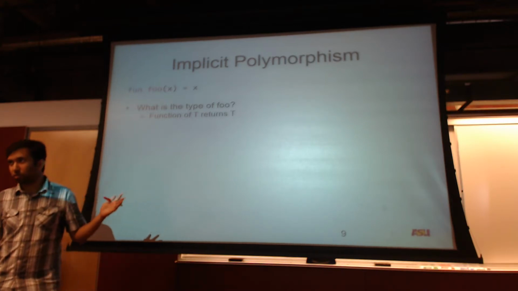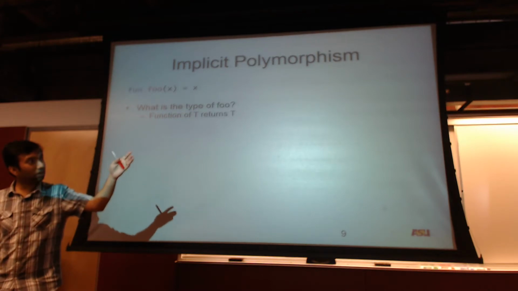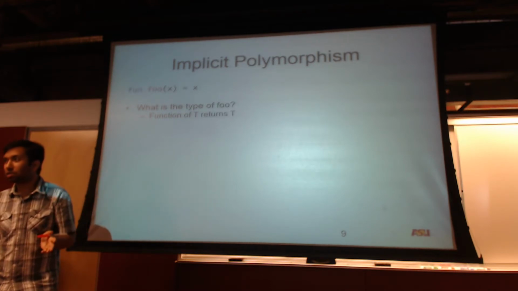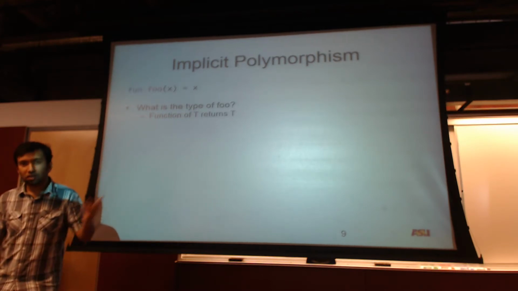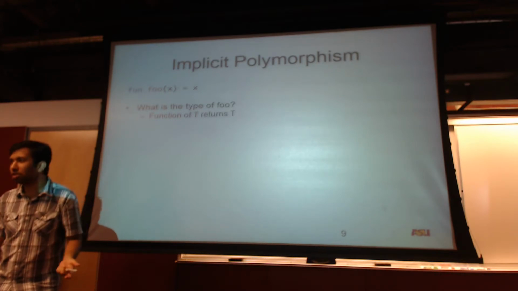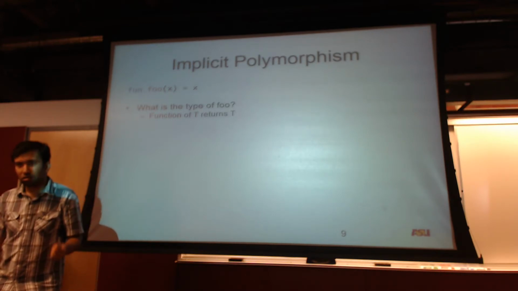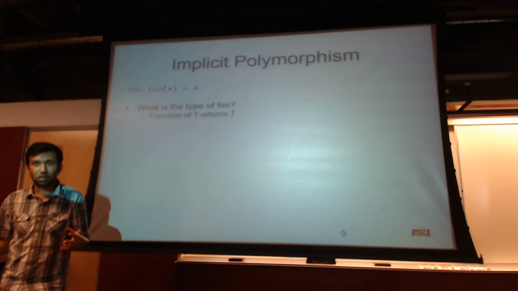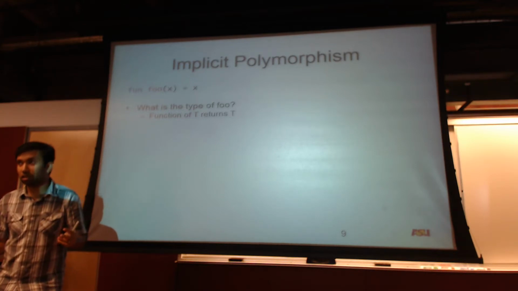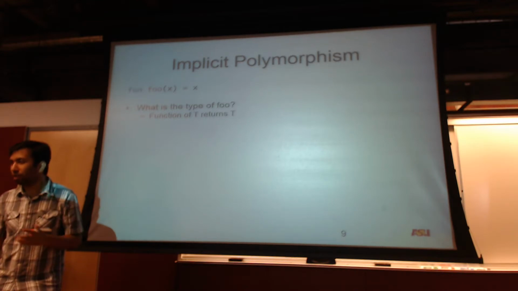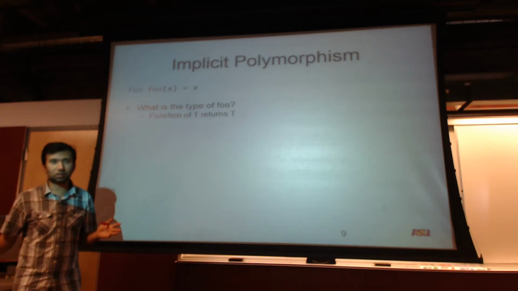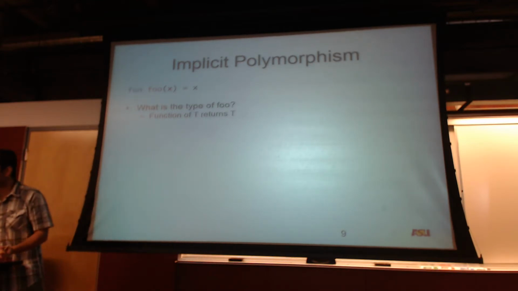Assume. Now, since this function returns the value of x and x is of type t, the function's return type should be t. Right? It cannot be anything other than t because we don't have any other information. If we had other information about this function, we might choose a different type.